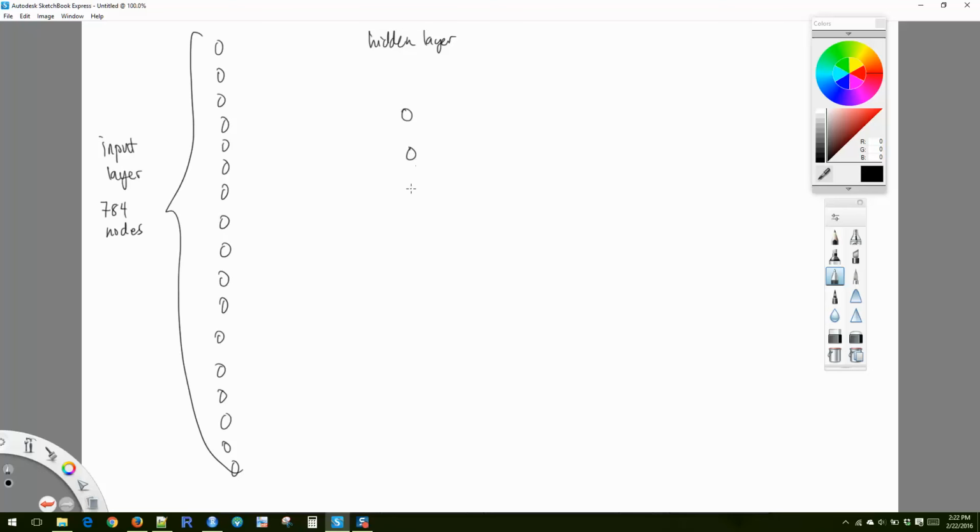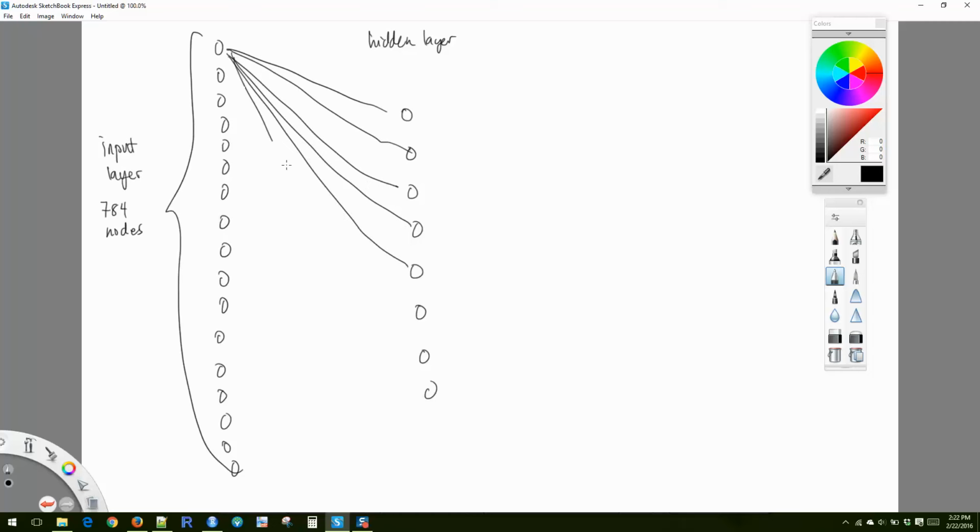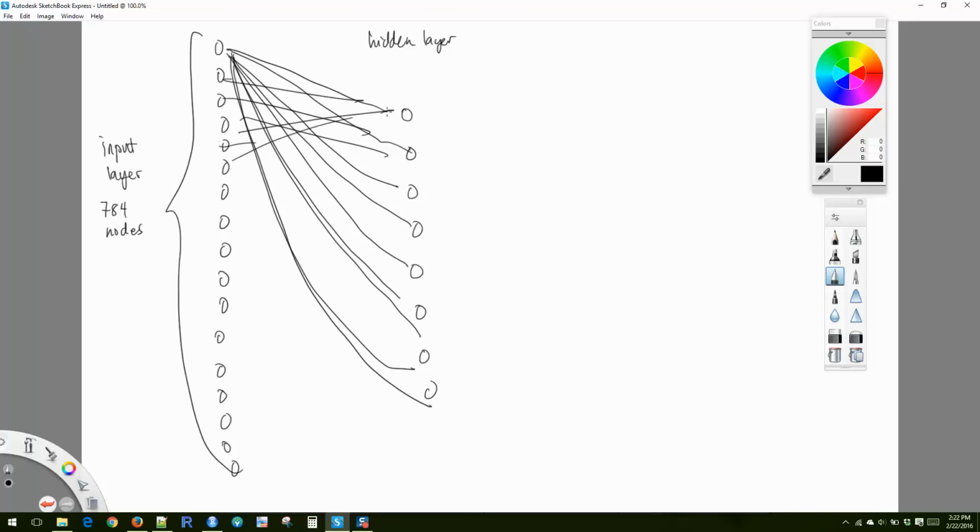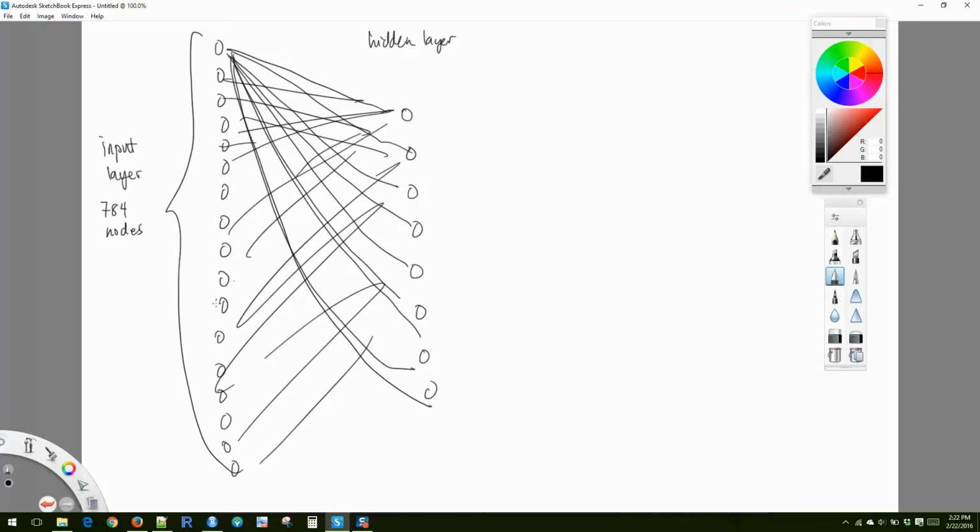I mean, it does, but each of these input nodes will feed into each of the hidden layer nodes. So you're going to have this really crazy network, with all of the connections going from the input layer to the hidden layer.